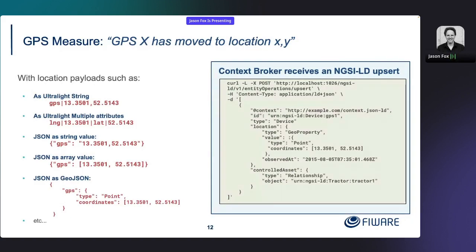There is also a companion IoT agent. As I said, this is using ultralight format; there is one using JSON format, which I'm sure you're all familiar with. So it would be perfectly possible to do the equivalent as a JSON object. If you happen to put your JSON object as GeoJSON, well, you're laughing, because obviously that can be pushed straight into your context broker in that format.